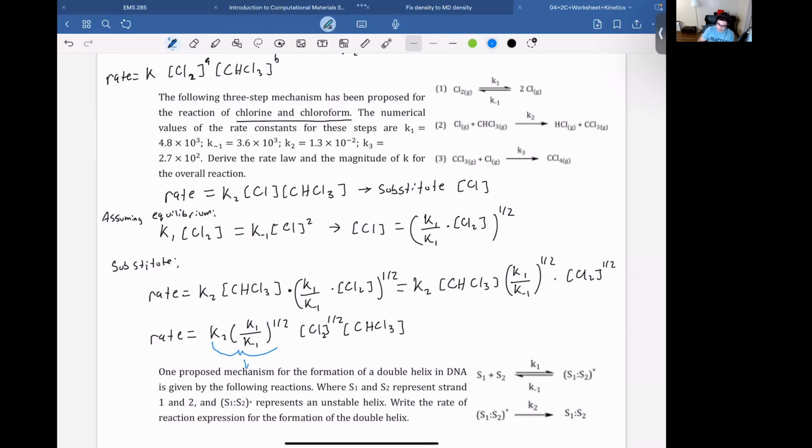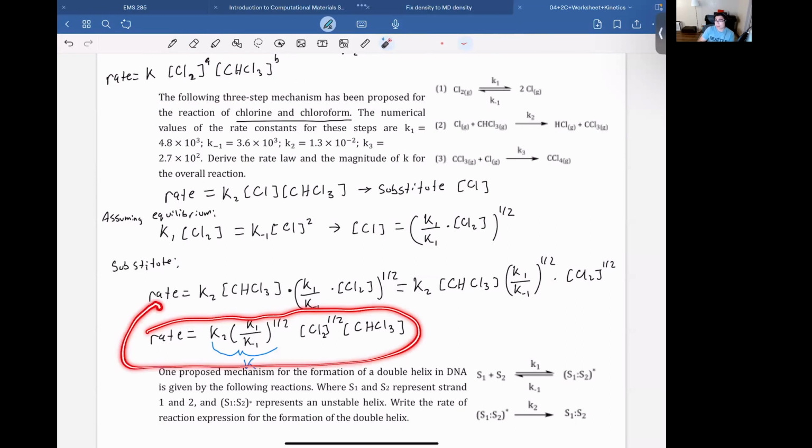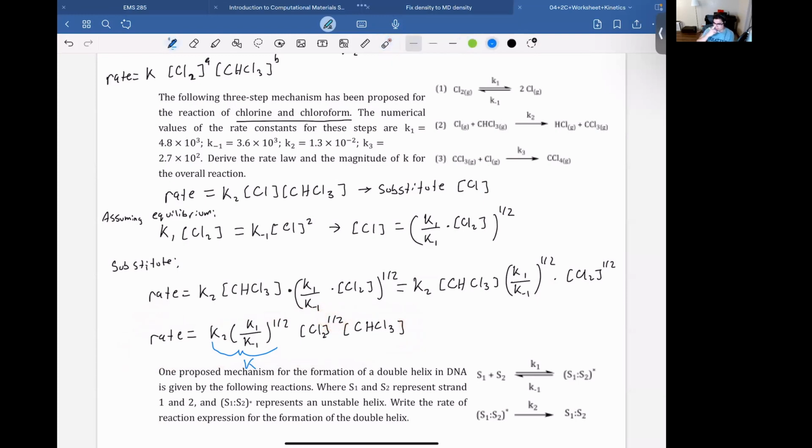Because if you look at these, this is the overall rate law. It has the same form as this. You have a K. You have Cl2 to some power. You have Cl3 to some power. The power is 1. So then you just get to plug in for K here, right?